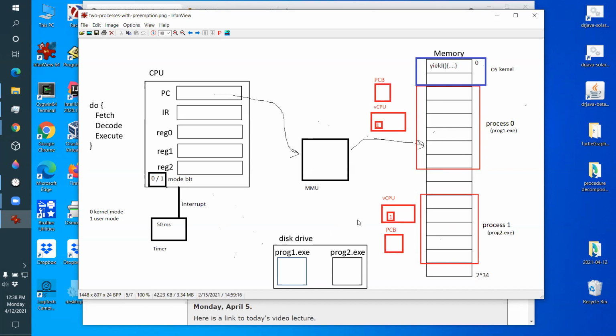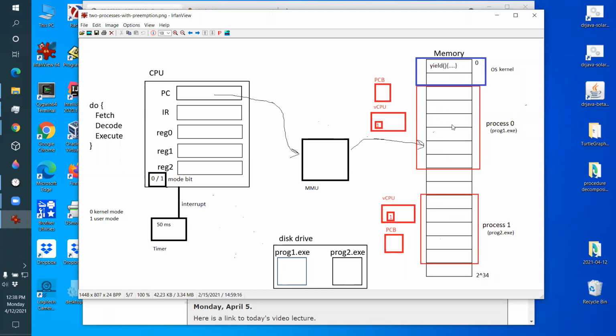But if that was the way it worked, that the CPU was restricted to a range of memories when it ran this process and restricted to another range when it ran that process, that would not be a very useful abstraction. And we'll explain why.